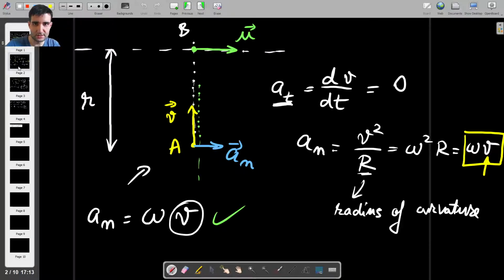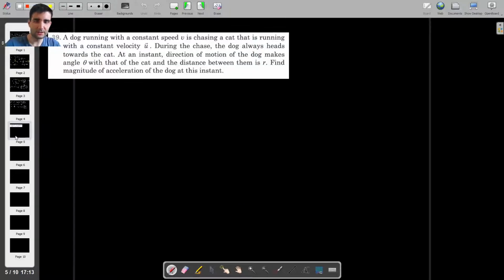And that's it. Now, we can take this one step further by looking at a generalization of this problem. In this case, we're dealing with the same scenario as before. There is a cat that's running with constant velocity u, and we have the dog that's running with a constant speed v.